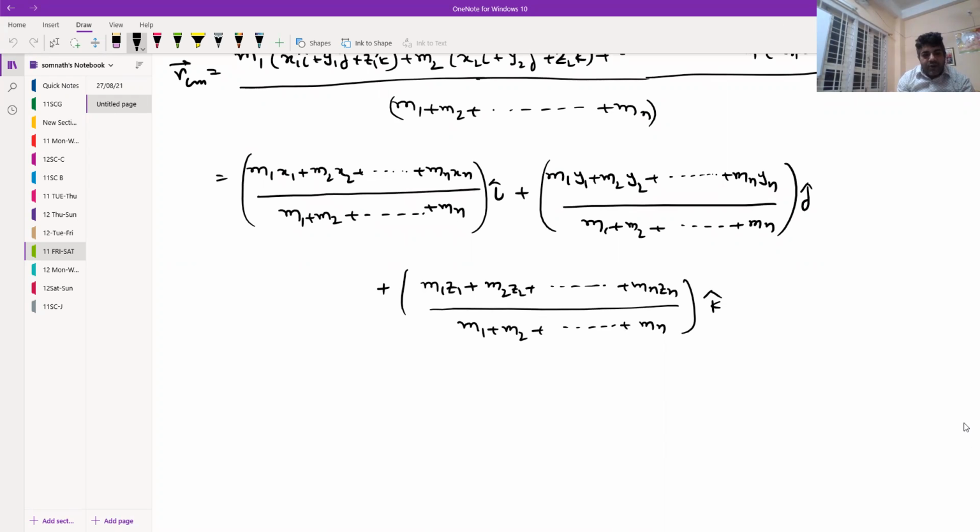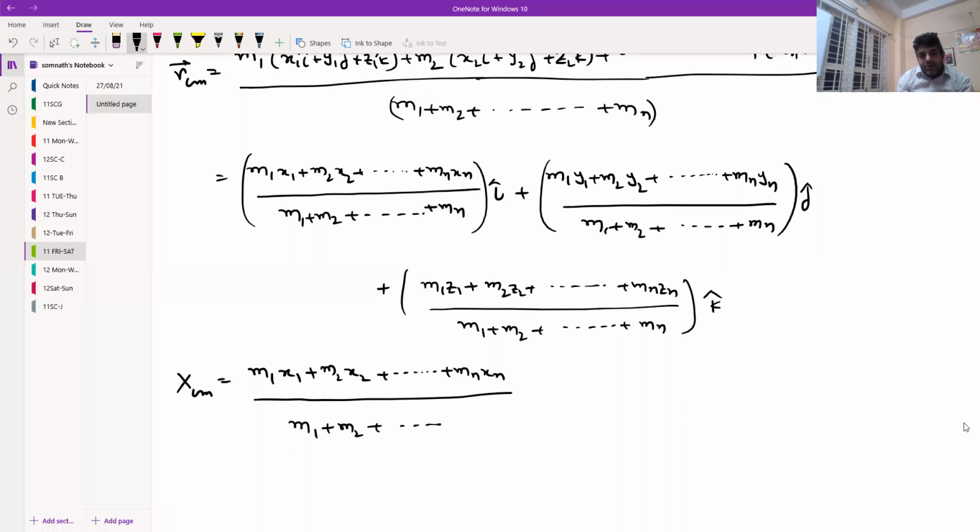So this one we can say is x center of mass, which is (m1 x1 plus m2 x2 dot dot dot plus mn xn) by (m1 plus m2 dot dot dot plus mn). I represents the x-axis. We can write it in terms of summation, sum of mi xi by sum of mi, or else we can write the denominator as m1 plus m2 up to mn.